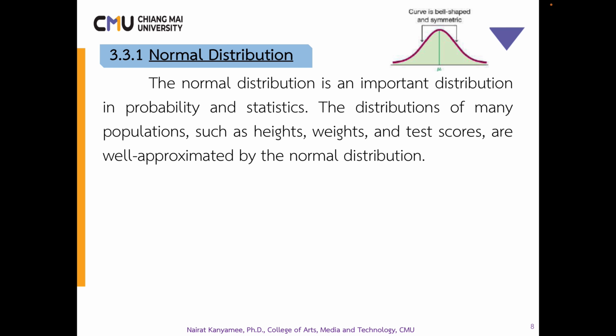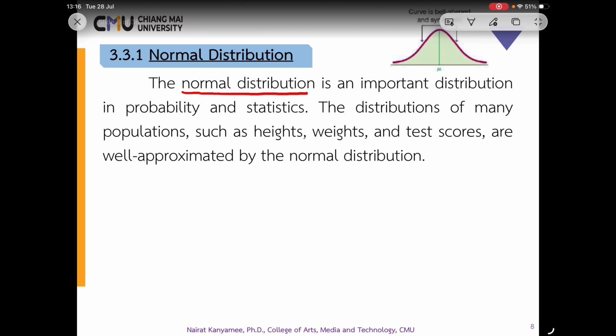Now the famous one for continuous random variables is the normal distribution, because we use it a lot. It is really useful. The normal distribution is an important distribution. Let me change the marker.